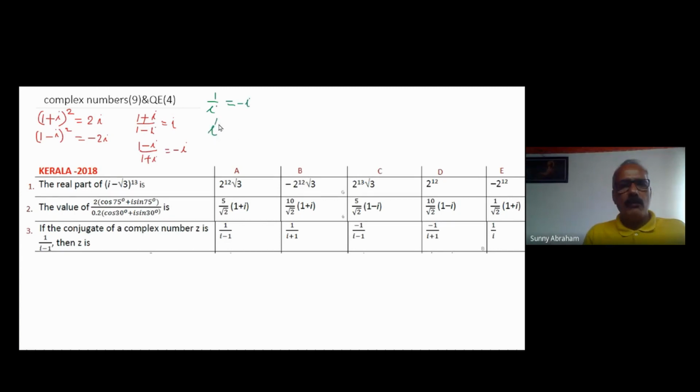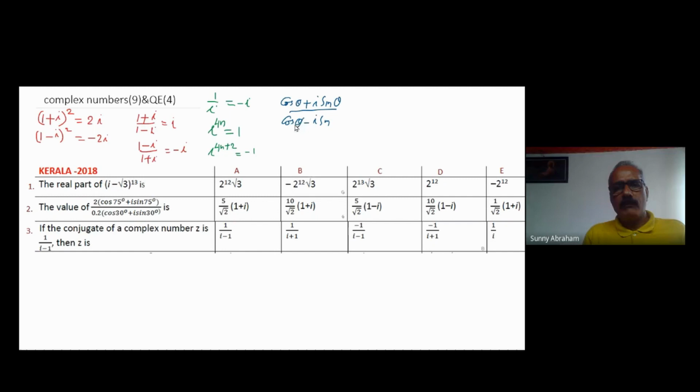Iota raised to 4n is 1. Iota raised to 4n plus 2 is minus 1. Then, (cos theta plus iota sin theta) divided by (cos theta minus iota sin theta).